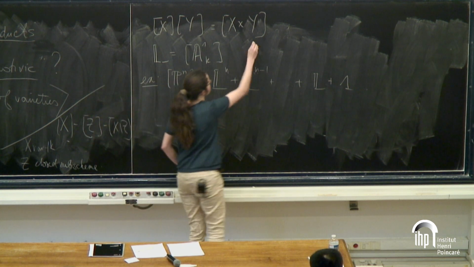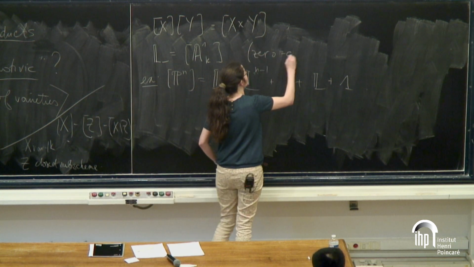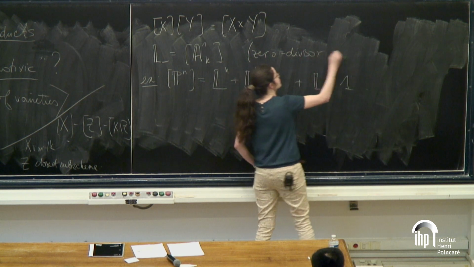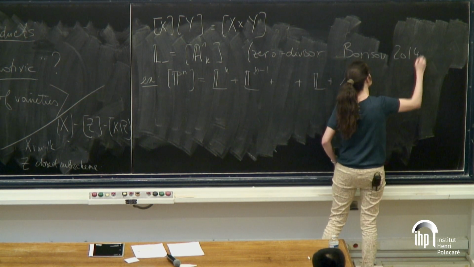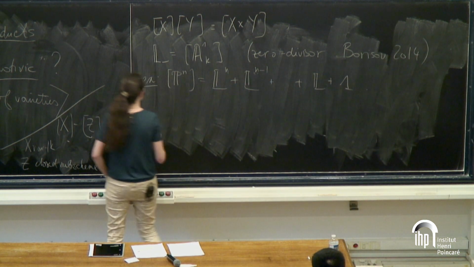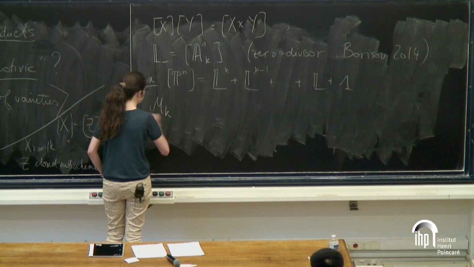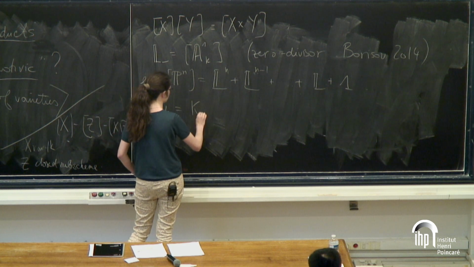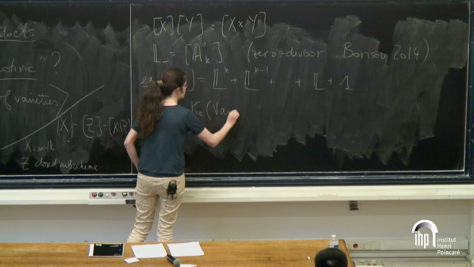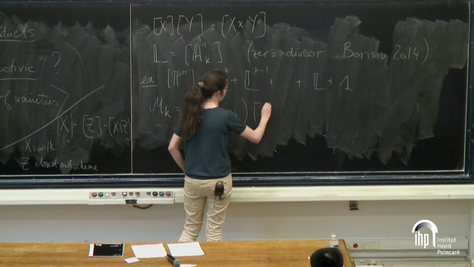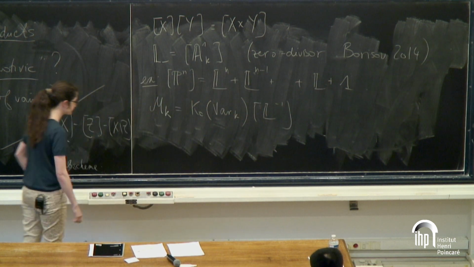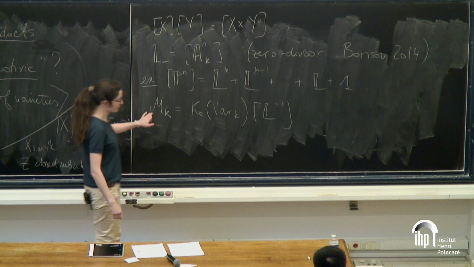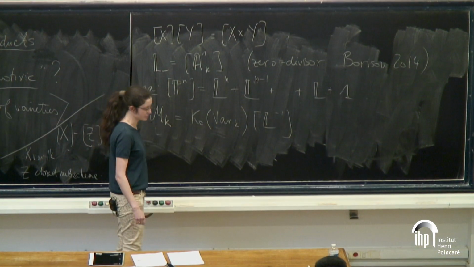This is a result by Borisov. And therefore, it is a non-trivial operation to take the Grothendieck ring and invert L. We kill some elements by doing this. So we are mostly going to work in this ring, actually.